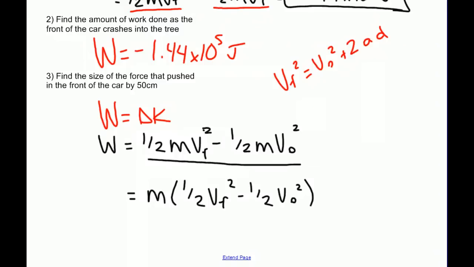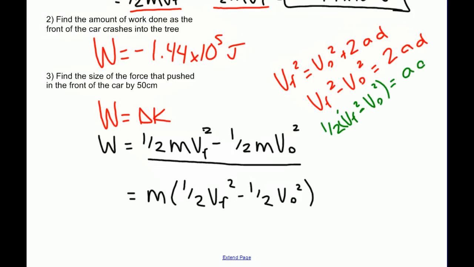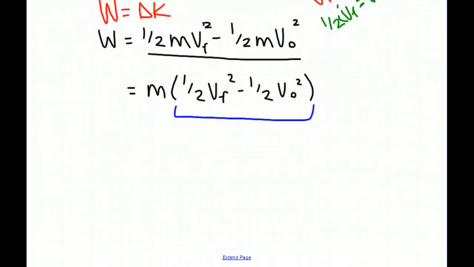So if I solve this for VF squared minus VO squared, that's going to equal 2AD. And so 1/2 VF squared minus 1/2 VO squared is equal to A times D.